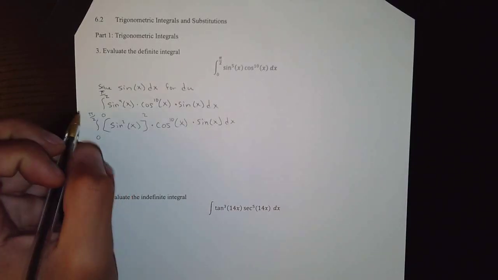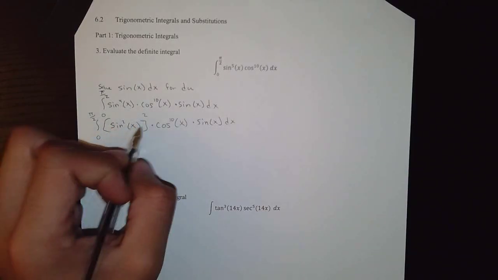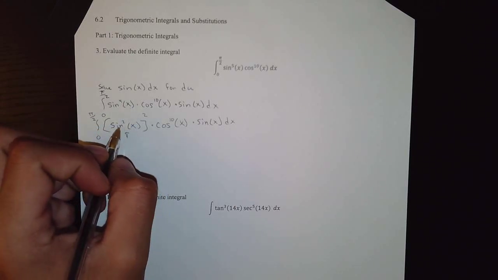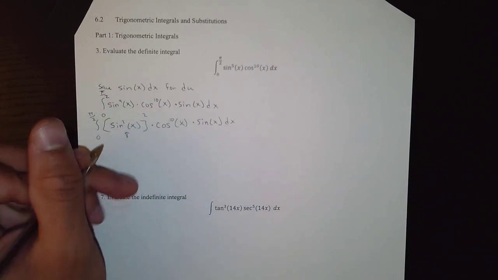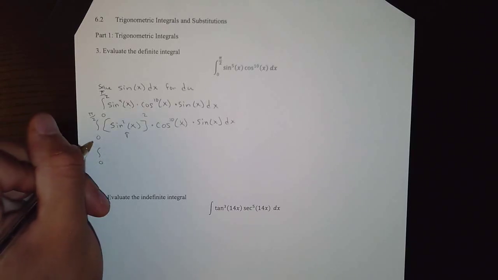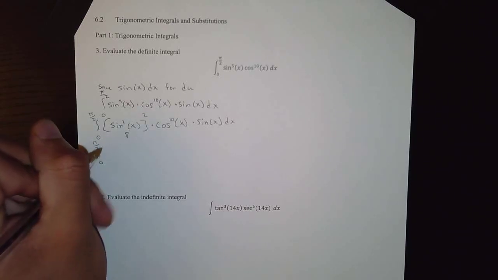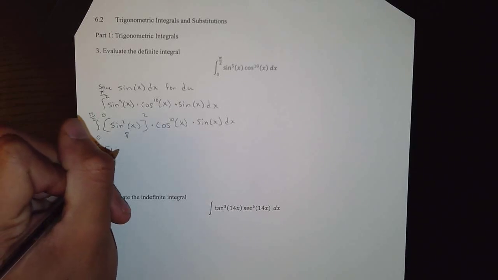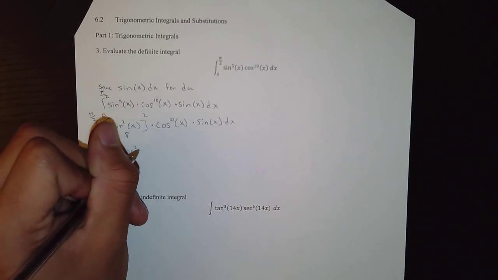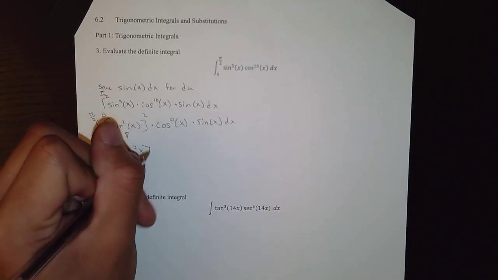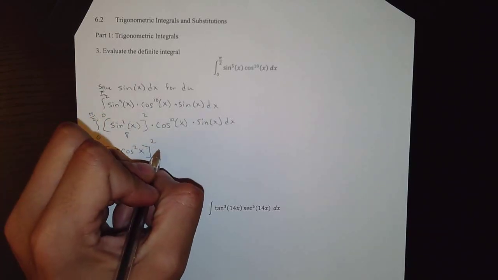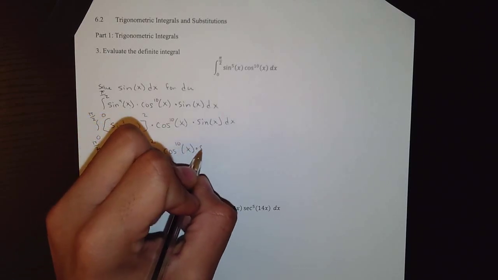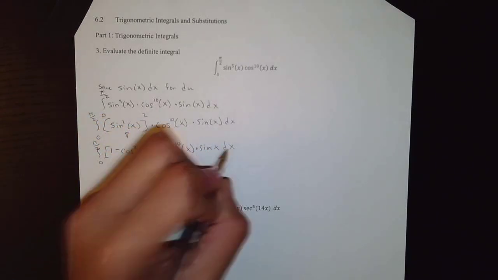And so now we can use a trig identity to rewrite sine squared of x in terms of cosine. So this is the same as one minus cosine squared of x, squared, and then times cosine to the 10th power of x times sine of x dx.